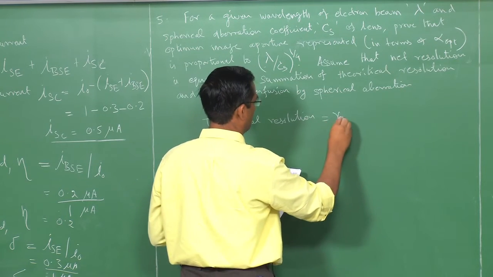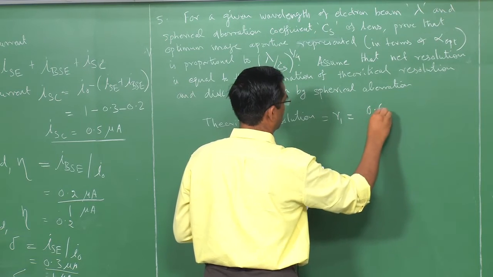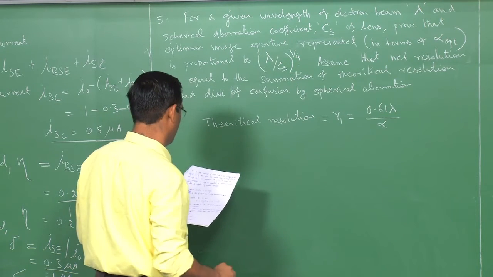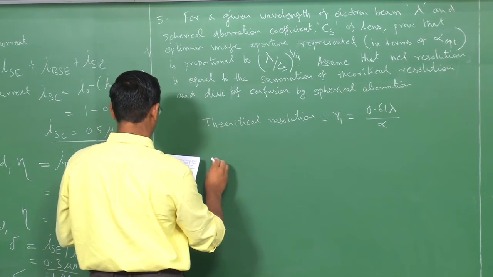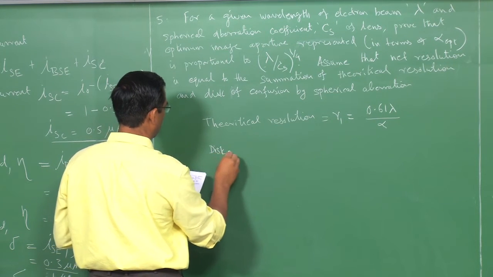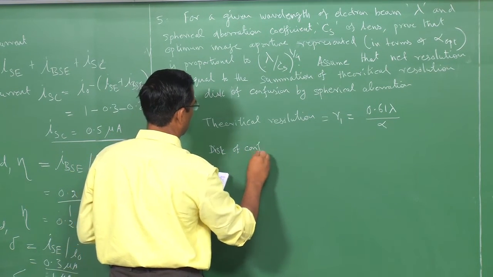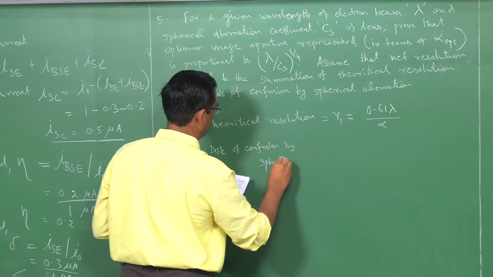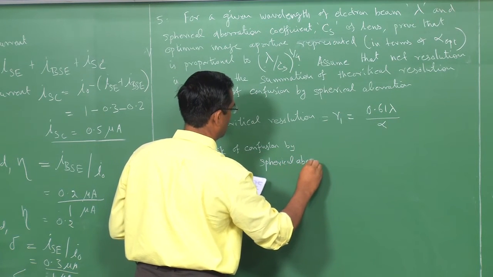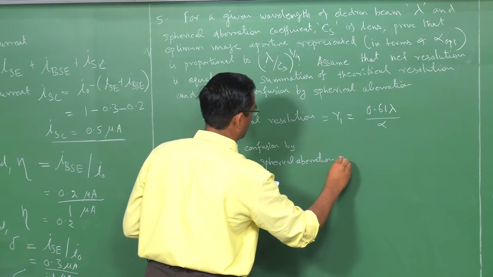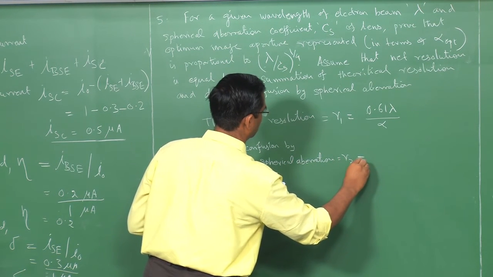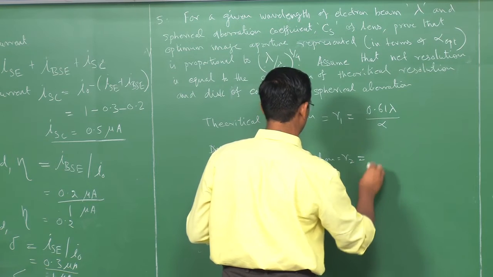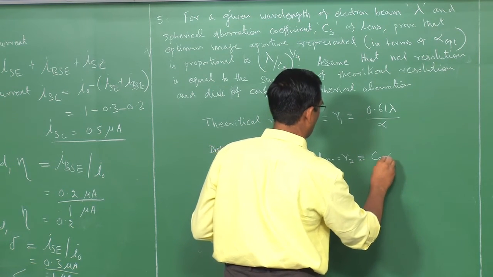Let us consider this R1, which is equal to 0.61 lambda by alpha. The disk of confusion created by spherical aberration, R2, is equal to Cs alpha cube.